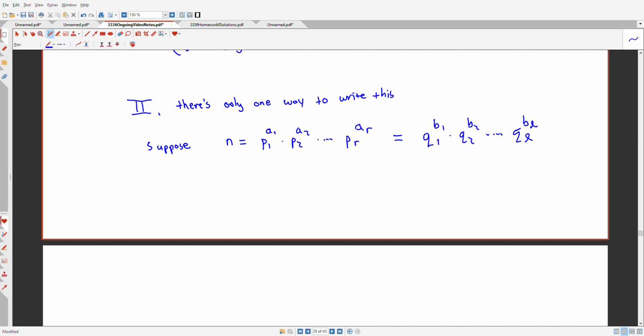What we want to show is that each pi has to equal a qi, and then the exponents are equal. So I'll just sketch how this goes, where each pi and qi are prime.